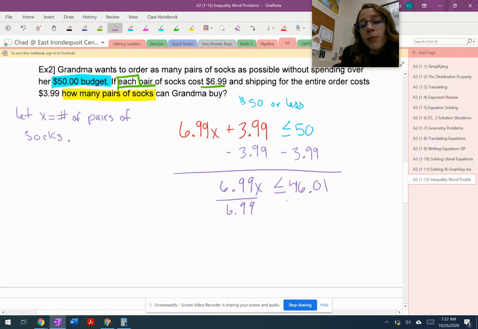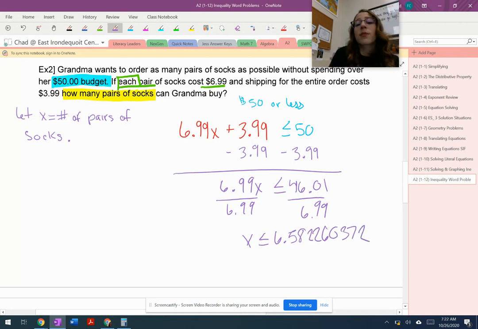Finish it off, divide both sides by $6.99. Again, we're not flipping any inequalities here because we did not multiply or divide by a negative. So 46.01 divided by 6.99 is equal to 6.582260372. So remember here, write that entire decimal.